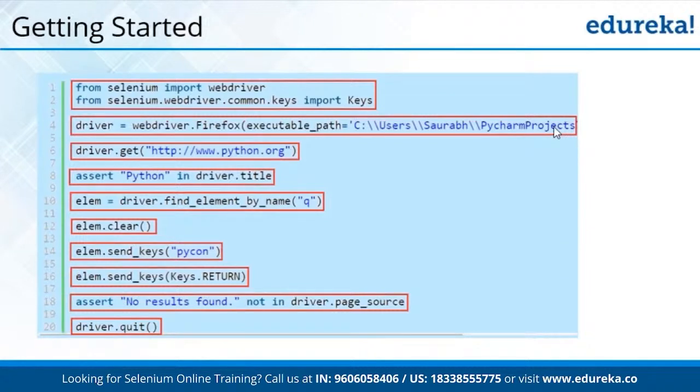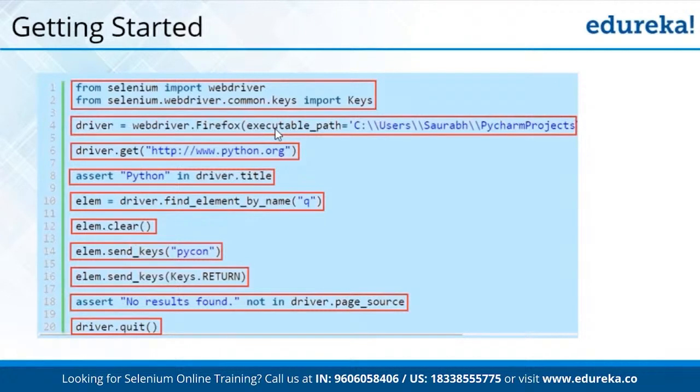What happens is, when we have to create a WebDriver, we have to call the WebDriver and open up a browser. So we declare a variable, driver. Driver is a variable over here. webdriver.Firefox helps us say: hey WebDriver, I'm interested in running a browser which is the Firefox browser, please execute it, please start it.